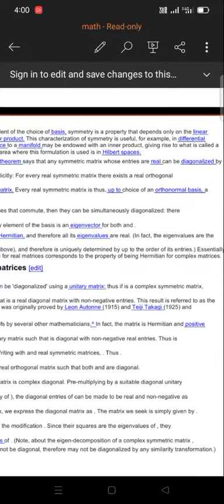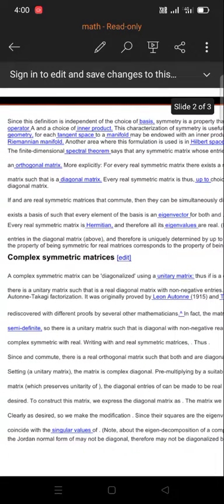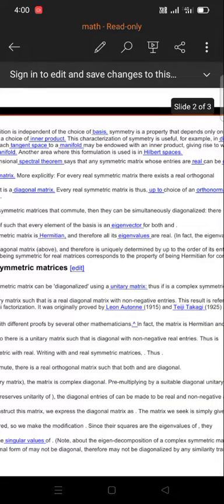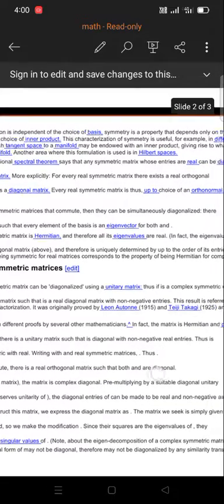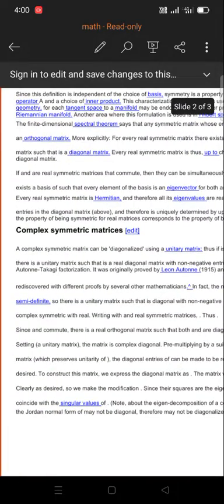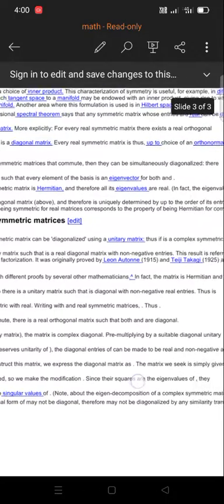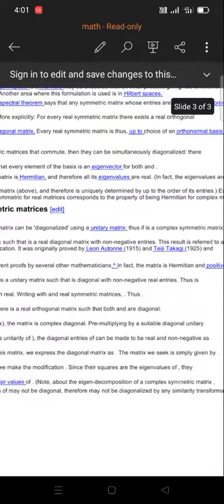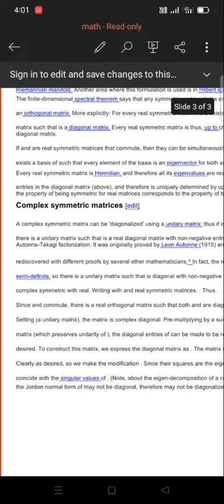In fact, the eigenvalues are the entries in the diagonal matrix above, and therefore D is uniquely determined by A up to the order of its entries. Essentially, the property of being symmetric for real matrices corresponds to the property of being Hermitian for complex matrices.